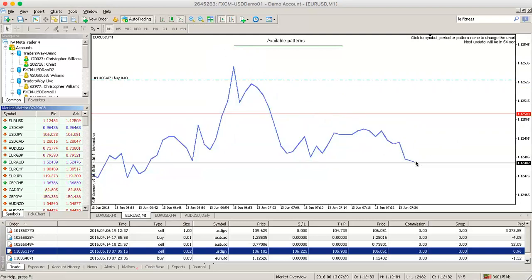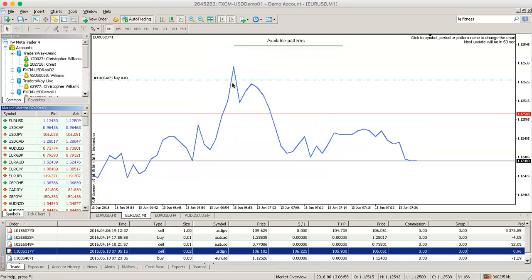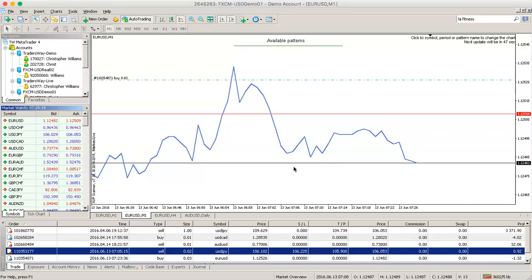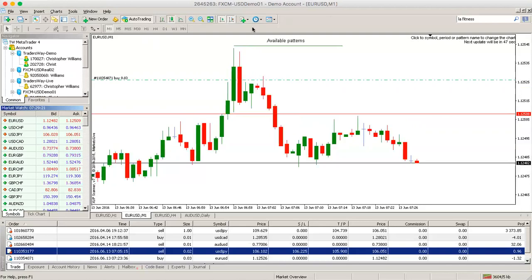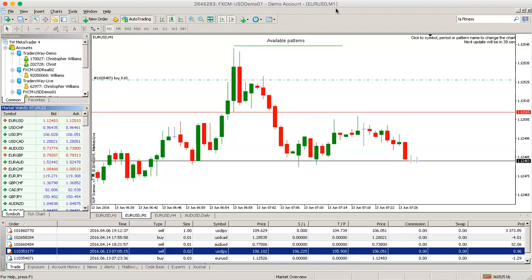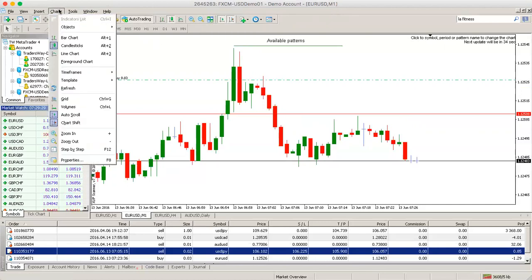I know that's going down. But candlesticks actually show you the shapes of where it's going. There's an M, that's a W, that's a W. So whatever you guys feel more comfortable with, use it. And don't ever be afraid to ask any questions. I'm here for you guys 24/7.